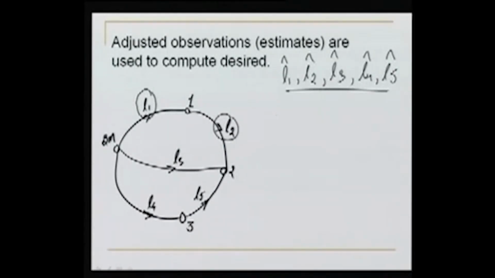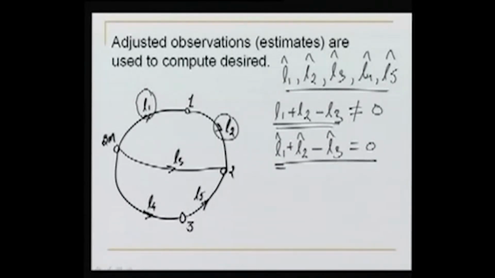If you write, for example, L1 plus L2 minus L3, that will not be equal to 0, we know it, because these are the observations. But L1 hat plus L2 hat minus L3 hat will be equal to 0, because these are the estimates.